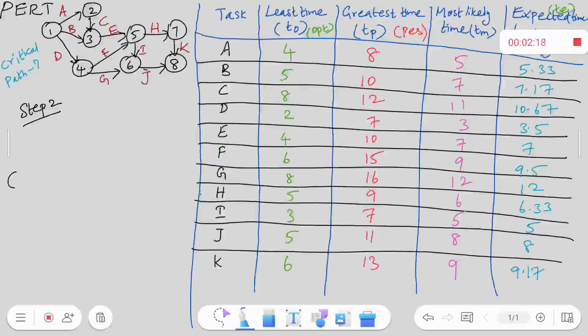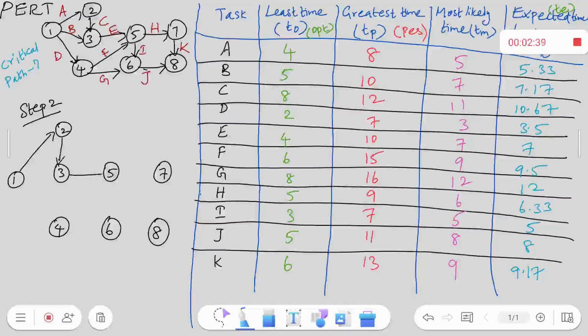So here I have network nodes 1, 3, 2, 4, 5, 6, 7, 8. So 1 to 2, 2 to 3, 3 to 5, 1 to 4, 4 to 5, 4 to 6, 5 to 6, 5 to 7, 7 to 8, 6 to 8.